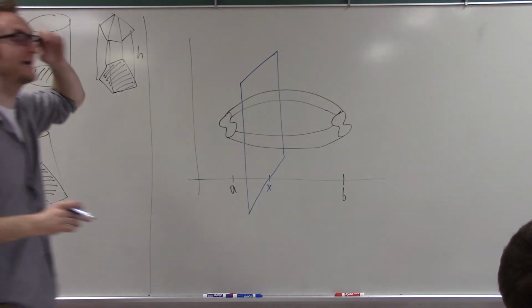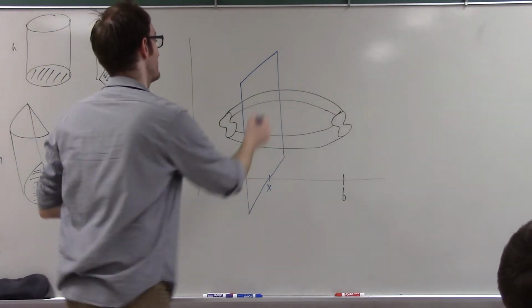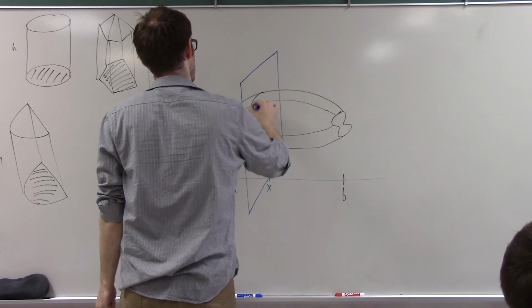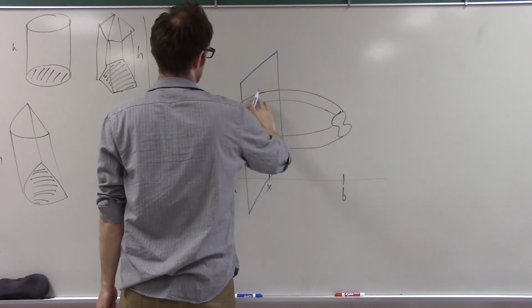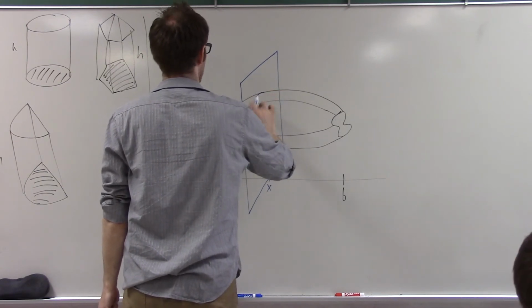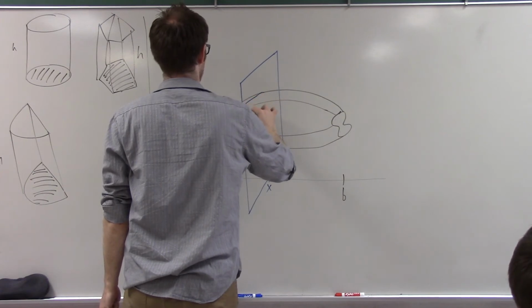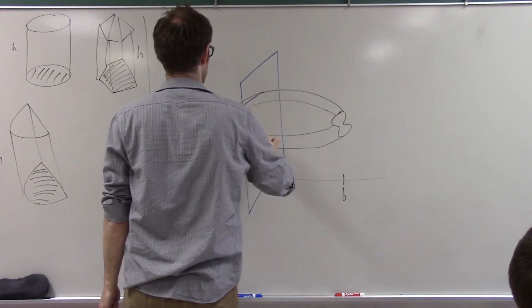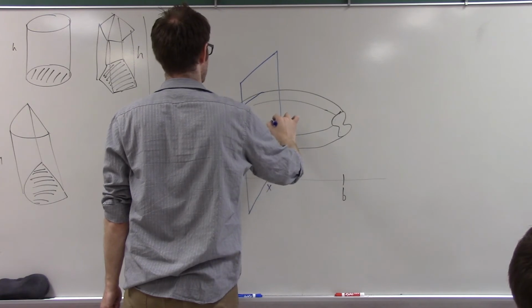And when I slice through the fish with some kind of plane, I'm going to get, man, my art skills are kind of bad, so if you're really good at drawing, I'm sorry, you're going to have to cringe in horror.